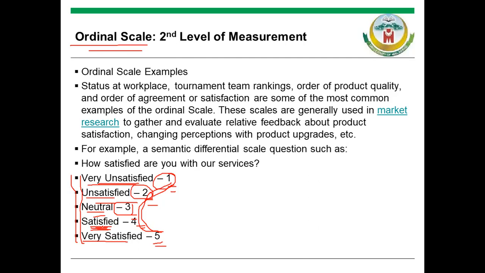So we can't calculate the difference between the satisfied level and the neutral level. We can't say that this is 1, although this is 3 and this is 4, but this will be different for different respondents. Okay, so we can't compute the difference between these levels. Okay.